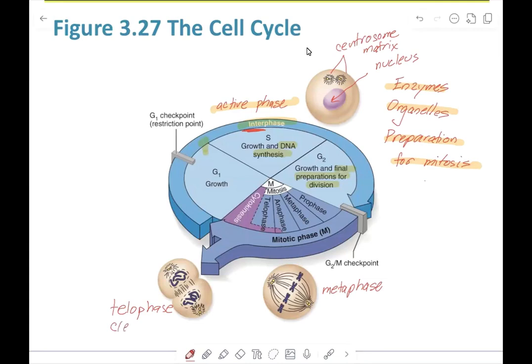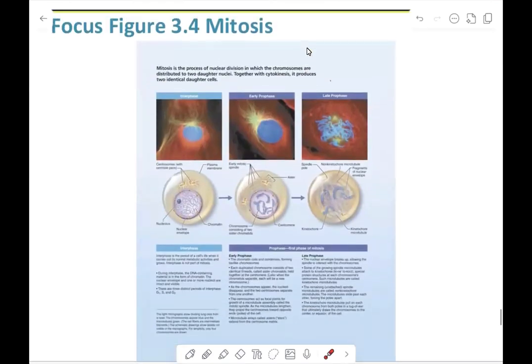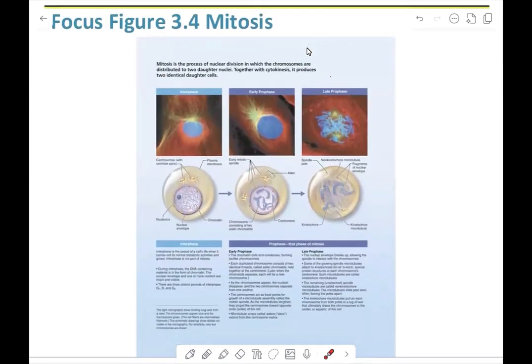And there is the presence of what's called the cleavage furrow, which is the point at which there's an invagination of the cytoplasm and it starts to separate into two new daughter cells. So our next two slides are going to show these phases in a little more depth.